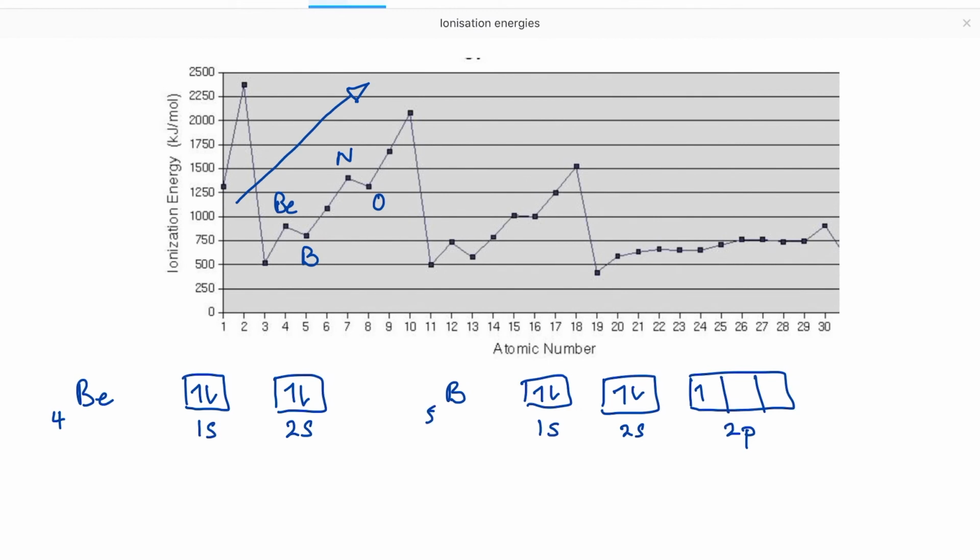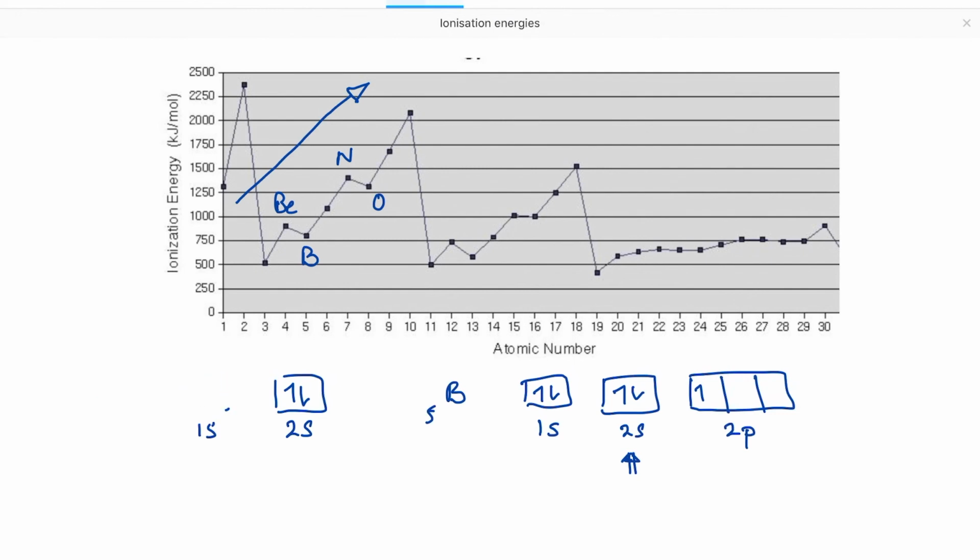And we know that the 2p suborbital is slightly further away. It has a slightly higher energy than the 2s orbital. So as a result of that, we're going to have a little bit of shielding from the 2s. In addition to it being slightly further away, it's going to make it slightly easier to remove it than perhaps we would at first think, hence the slightly lower first ionization energy.